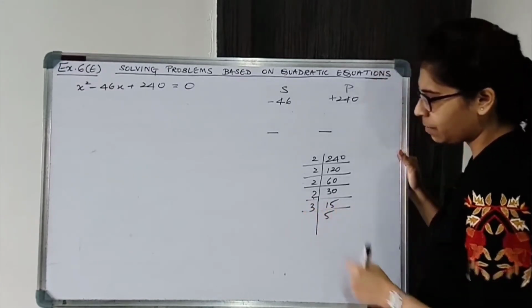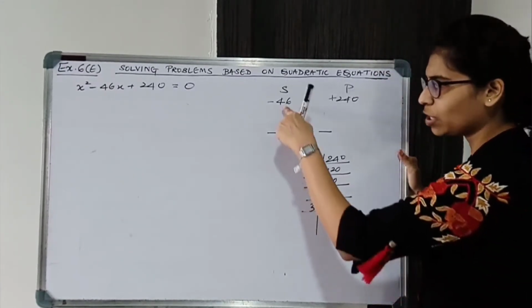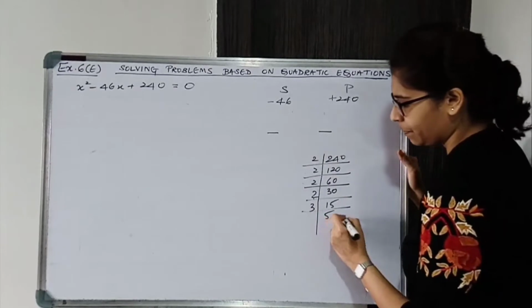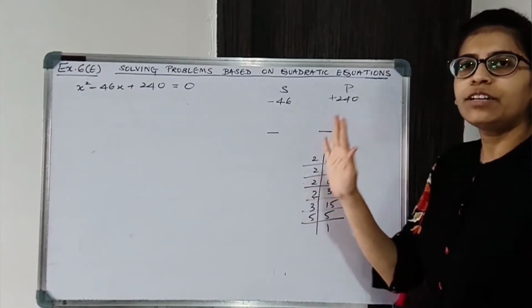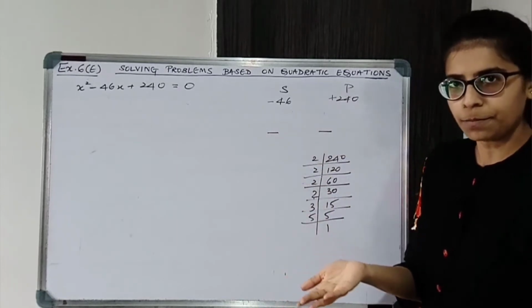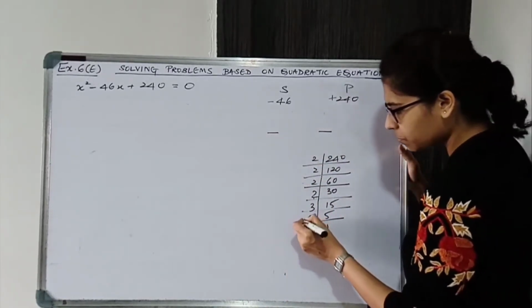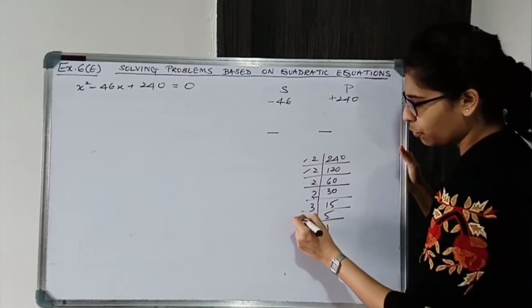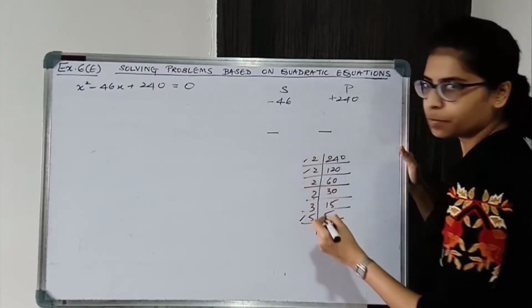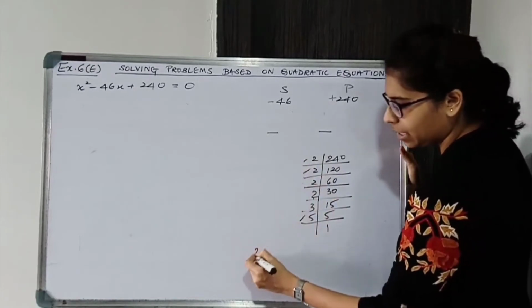3 5s are. Again if you add, you can check, you will not get 46. 5 1s are. So these are the factors. What we need to do is rearrange the terms. So let's consider 5 and 2s. So 5 into 2 into 2, 10 into 2, 20.